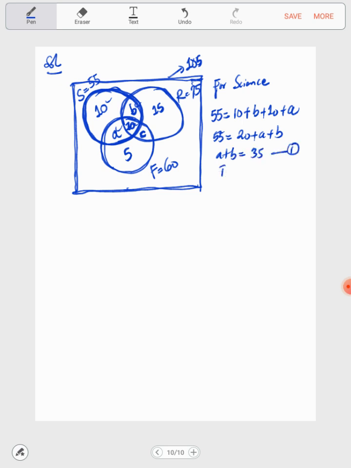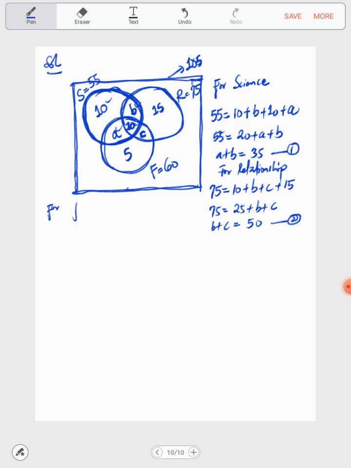For relationship, we have 75 equal to 10 plus b plus c plus 15. That is 75 equals 25 plus b plus c, which means b plus c is 75 minus 25, that is 50. Call that equation 2.